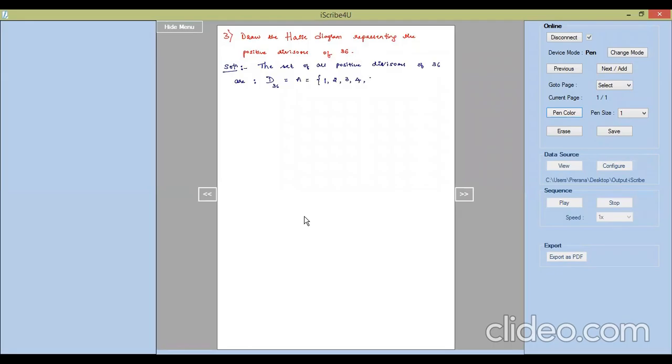So 1 divides 36, 2 divides 36, 3 divides 36, 4 divides 36. We cannot take 5 now. Then we will move on to 6. 7 is not possible, 8 is not possible, 9. Then we have 12, correct?